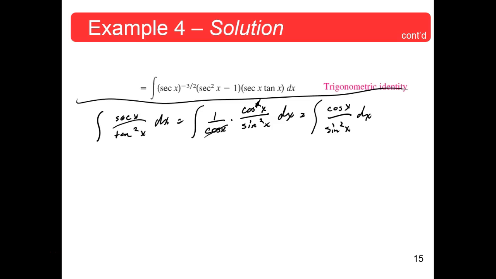Sines and cosines usually are easier to deal with. Okay? Now, what's the problem child of that? The denominator, right? So let's let that be our u. I was sure that you were going to come up with this, okay?